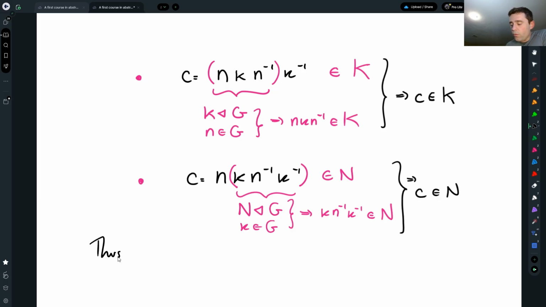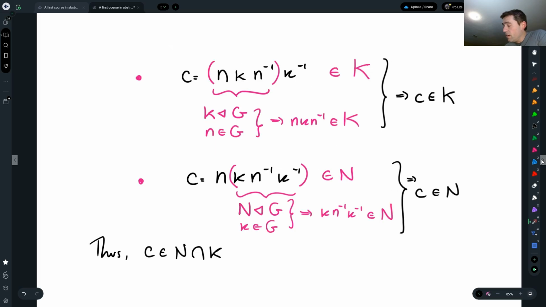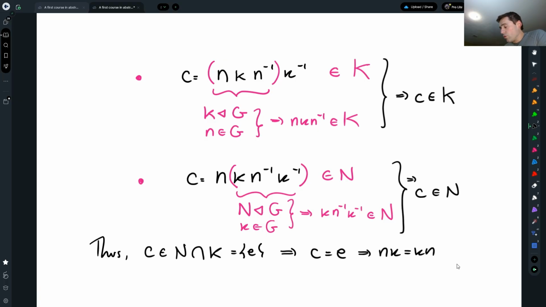Thus, what I've proved is that c is in N intersect K. But remember that one of my assumptions was that the intersection of the two groups was the identity. So this is the identity, and therefore c is the identity, and therefore nk equals kn, which is what I wanted to show.